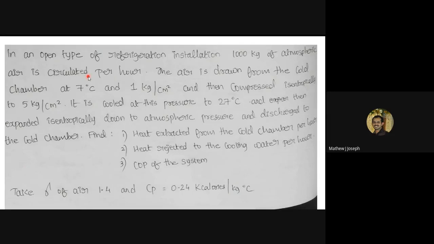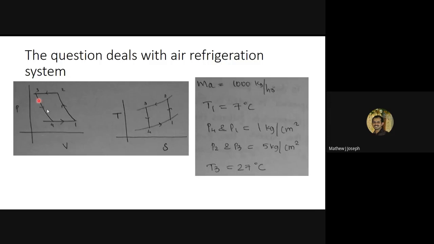So straight away let us try to draw the PV diagram and TS diagram of this air refrigeration system. Let us draw the PV diagram first. First of all, you should start with the refrigeration step, that is constant pressure heat absorption step, 4 to 1. Then you draw the isentropic compression step, that is 1 to 2 process.